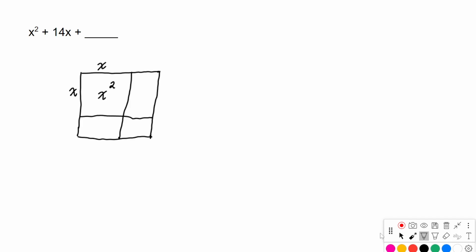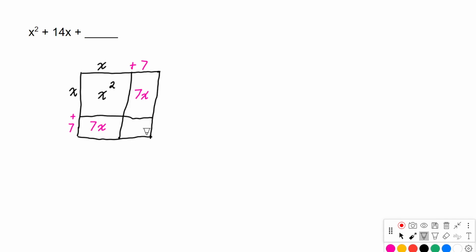Now I know with the 14, I'm going to have to split that evenly with my 2 sides. So that would be 7 on one side and 7 on the other side, because 14 divided by 2 is 7. So this region will have an area of 7x, and the one down here on the bottom left will also have an area of 7x.